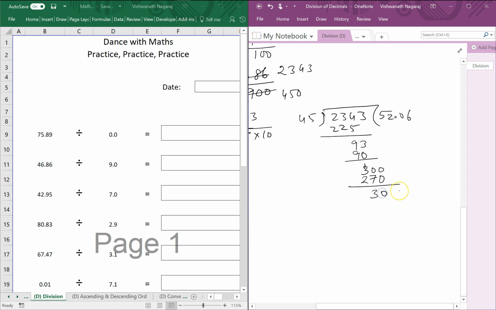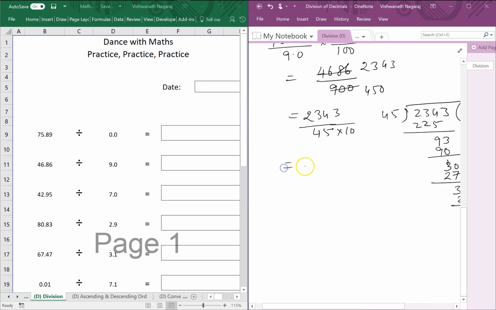Okay, so 30, again is 0, 6 270, again is 30, 0, again is 6, 270, and this will keep going.